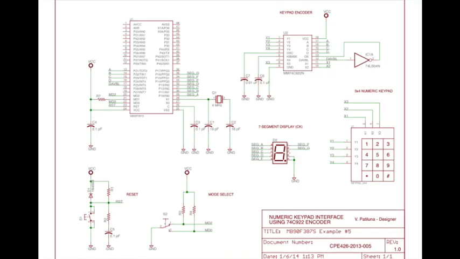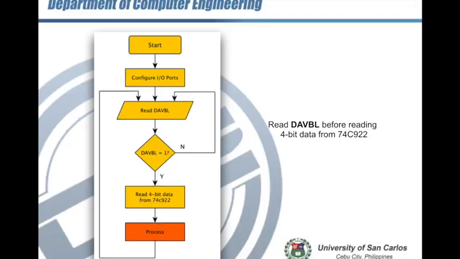Refer to the schematic diagram here, where whatever key is pressed, you just display it on a 7-segment display connected at port 1. We don't have any decoder here, so you have to decode it yourself in software, so you can display the digits representing each of the keys on the keypad.